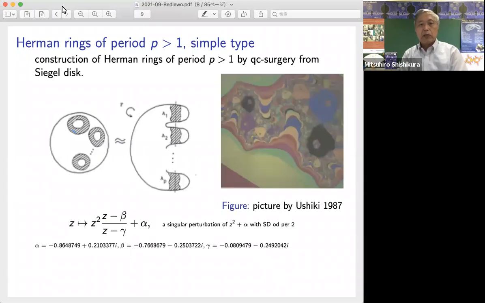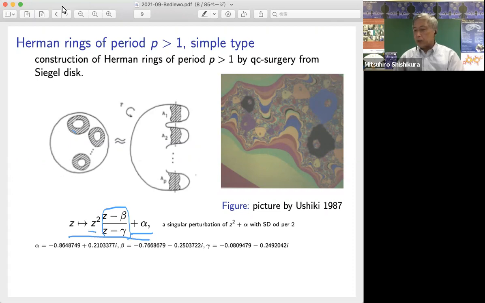With a search in parameter space of this type, I was able to find a parameter which is more or less like a Herman ring. I don't guarantee that this is a Herman ring, but it is an approximate parameter, which comes as a singular perturbation of z squared plus alpha, which has a Ziegler disk of period 2.